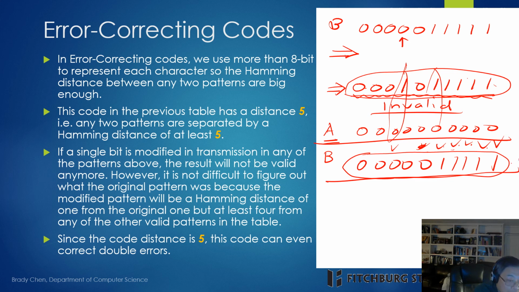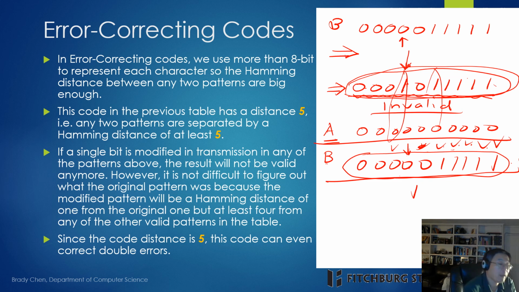And we find out the bit at this position in the received bit pattern is not the same as the corresponding bit in B. So the Hamming distance between the received pattern and B is 1. That's the Hamming distance. Can we make any conclusion from here?